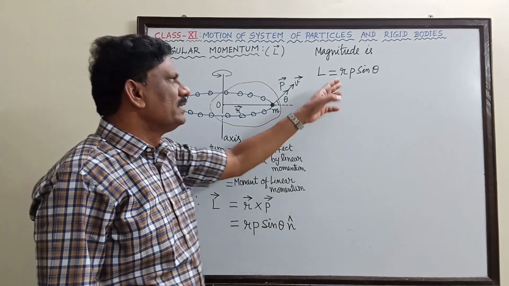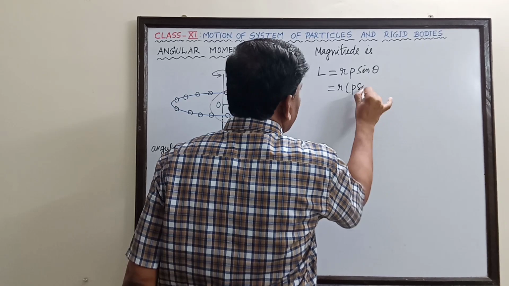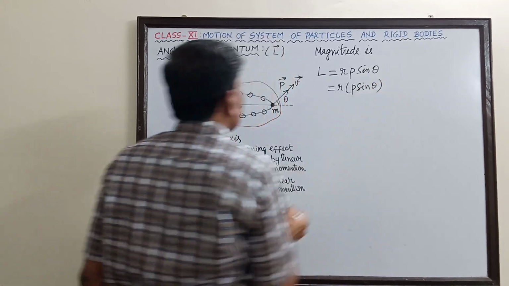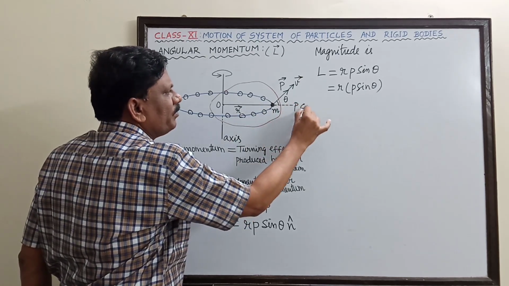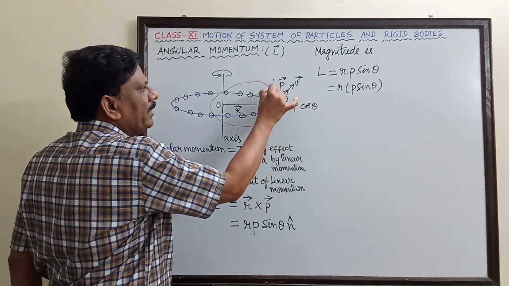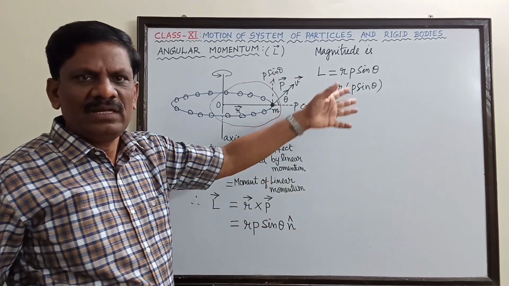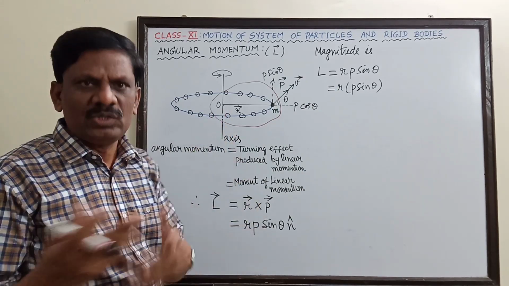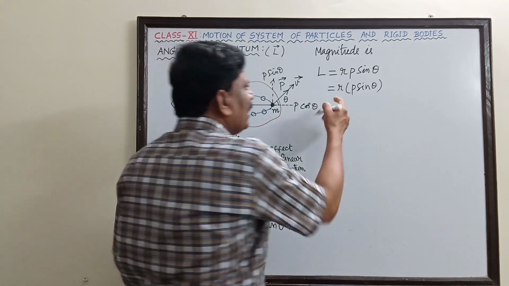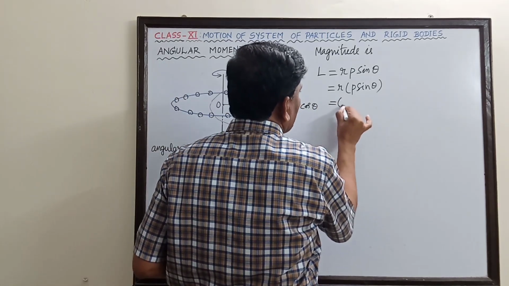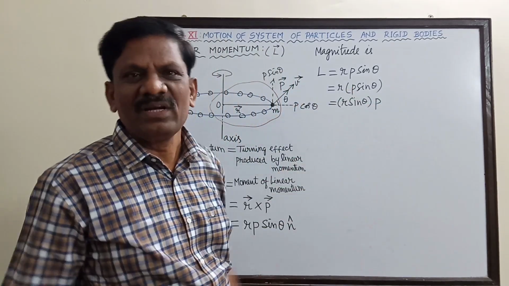Understand? So this can be written in two ways. This is equal to R into P sine theta. If you take this as P, along the direction of R, this is P cos theta, and perpendicular to this will be P sin theta. This is one way. Like that, if you resolve R into two components, one along the direction of P and one perpendicular to the direction of P, this can also be written as R sin theta into P. Both are one and the same.